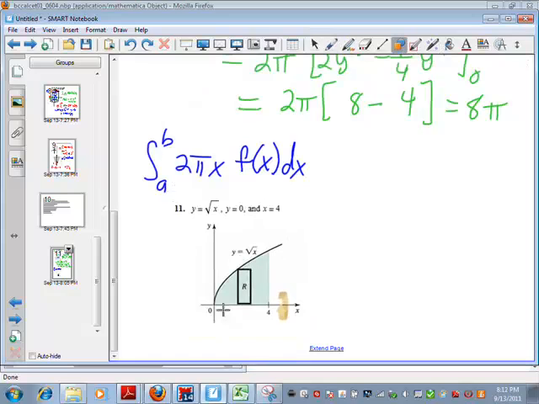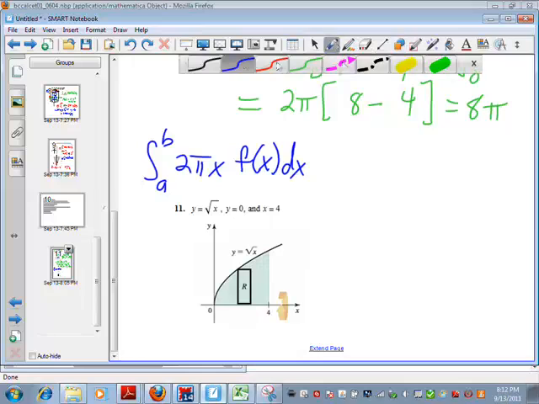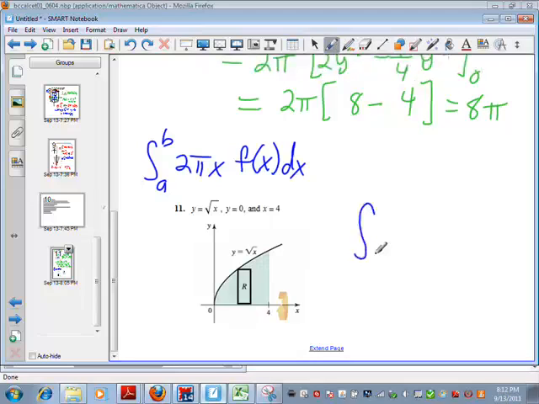You're rotating that around the axis, and that's clearly a disk. And so it's just pi r squared. And so in general, this is right between the axis, so it's the integral from x going from 0 to 4 of pi times the square root of x squared dx. And that also is 8 pi.